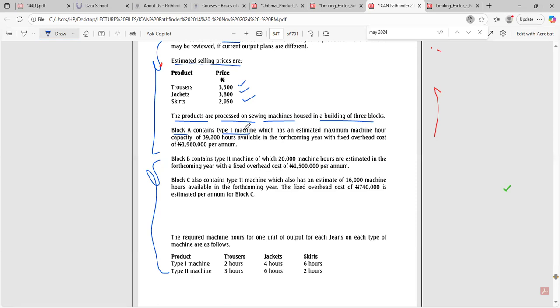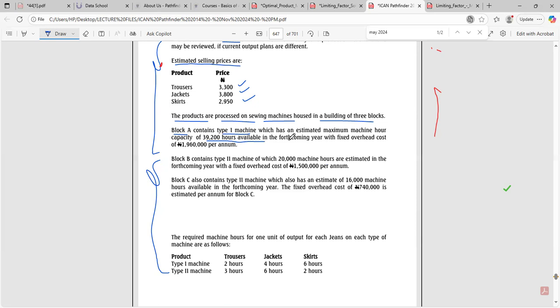It contains type 1 machine, which has an estimated maximum machine hour capacity of 39,200 hours available. So if you go to block A, let us say the first floor, you're going to see a machine there. That machine is known as type 1 machine. The total hours that machine has in a year to use is 39,200 hours.